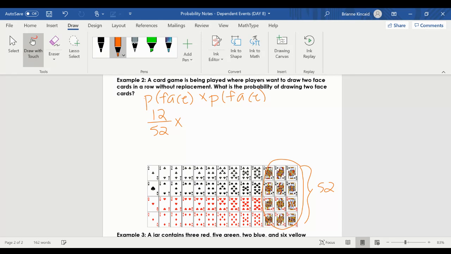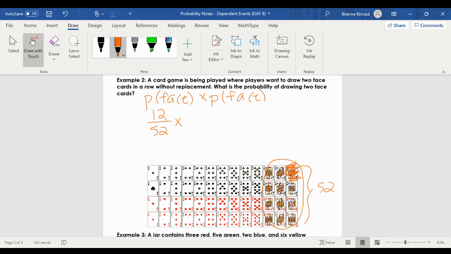So I reach in to my deck of cards. I pull a card out. We're going to assume that it happens, and it's a face card. I take that face card and I place it to the side, which means let's assume that I grabbed the King of Clubs. It's no longer there.